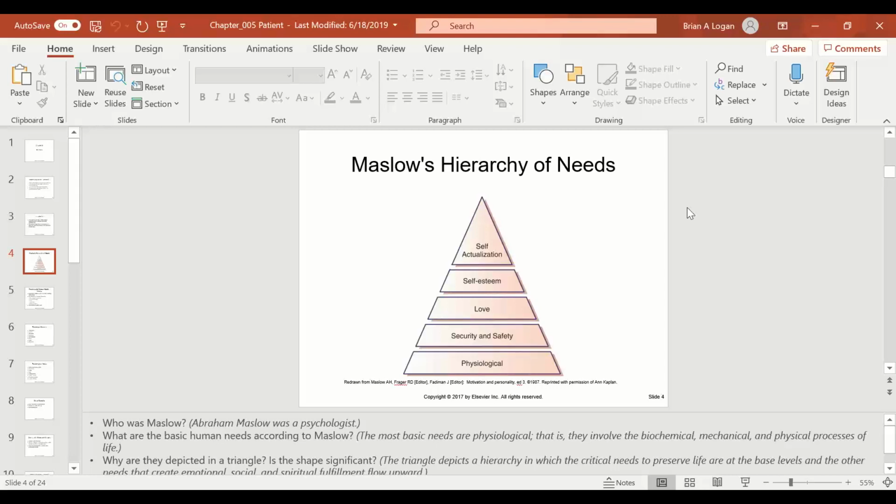And then as we move up, security and safety, this is feeling safe and secure, like in a relationship or even in your job. And then it moves up: love, self-esteem, and then ultimately self-actualization, where we know ourselves.